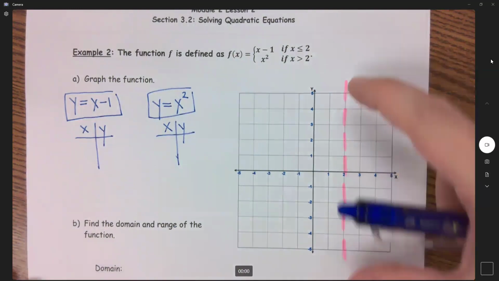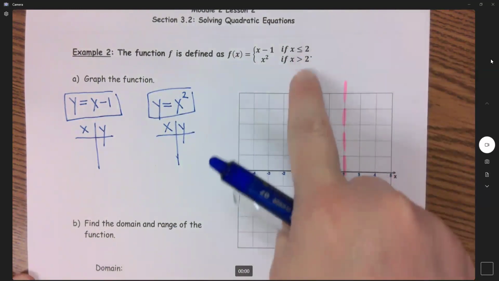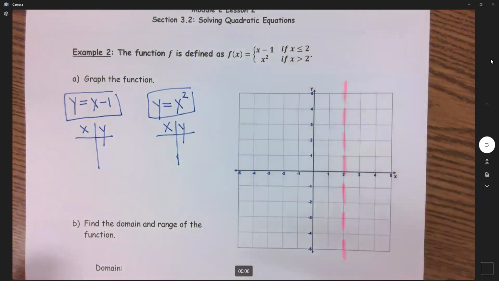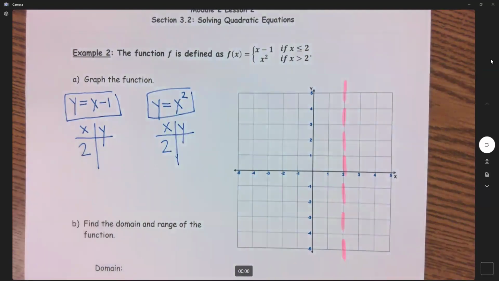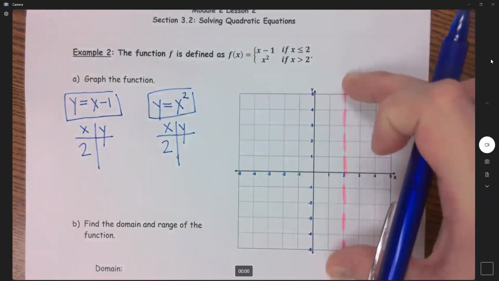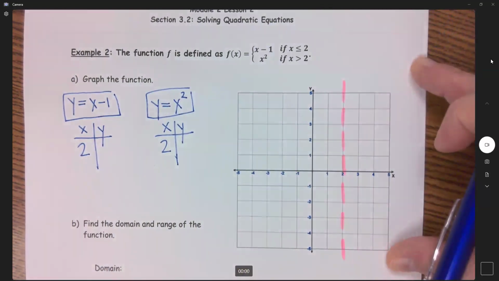Because this break is so important, we need to know where these values are going to end and start at this break. So both of these functions need to have a 2 in it. We need to know what happens when it changes from linear over here to then quadratic.